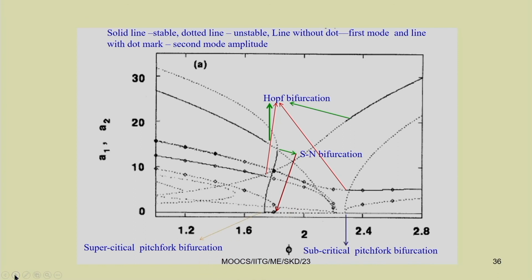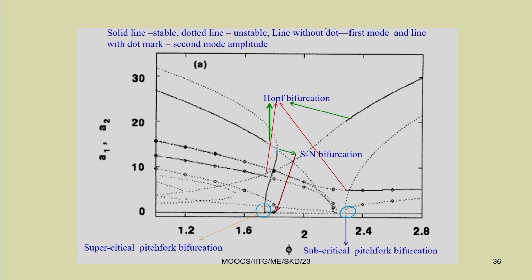We can have the supercritical pitchfork bifurcation. You just see, this is the pitchfork bifurcation. At the bifurcation point another branch generally starts. This is the starting point or the root for the non-trivial branches. So in supercritical and subcritical pitchfork bifurcations you can get the non-trivial branches out of the trivial branch. In case of the saddle node bifurcation, we have two saddle node bifurcations here.